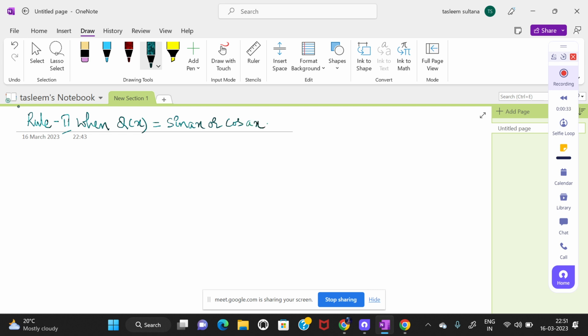What you have to do here is, your PI formula will be 1 by f of D into q of x, which is equal to 1 by f of D, where q of x is either in the form of sin ax or cos ax.